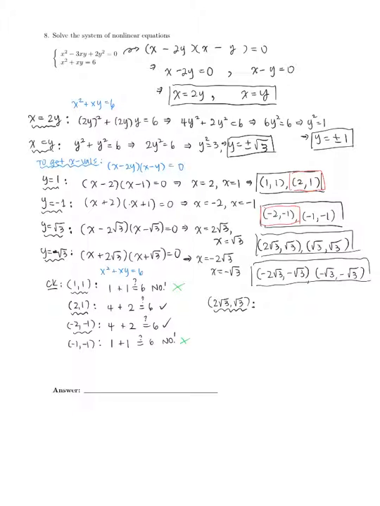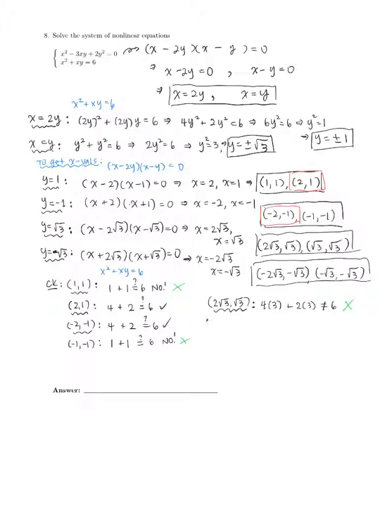X squared, so it's 2 root 3 squared, so it's 4 times 3, 12, plus 2 times root 3 times root 3 is 3. Goodness, that certainly does not equal 6. So I'm just going to toss this one out as well.